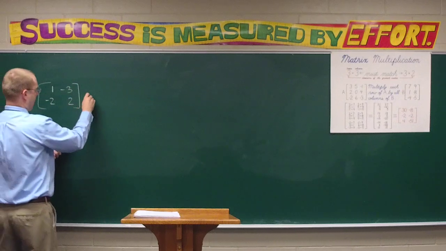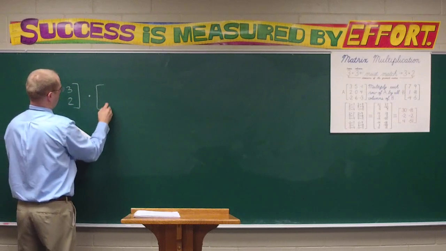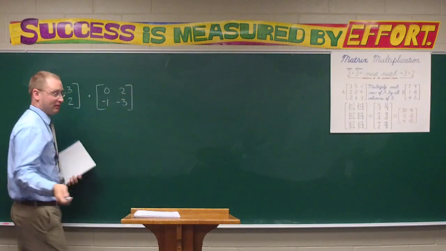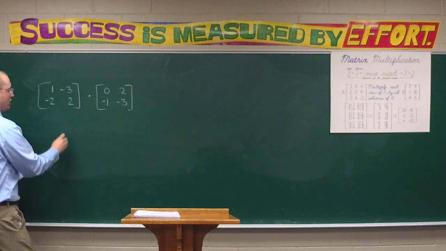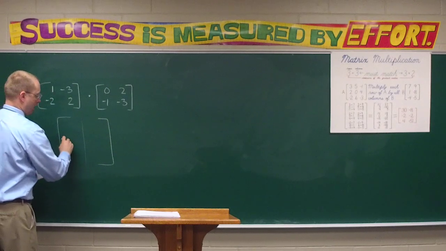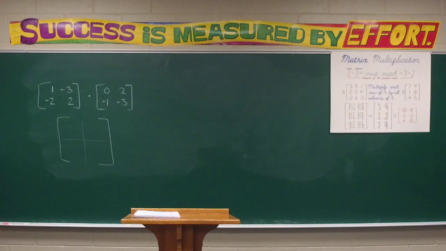And I'm going to multiply it by another 2 by 2 square matrix, which means my product has to be a 2 by 2 square matrix. Here's my suggestion. Draw your 2 by 2 bigger and put a single cross in there to give you 2 by 2. That keeps your numbers from getting jumbled up with each other.